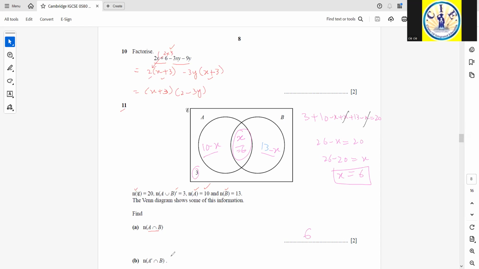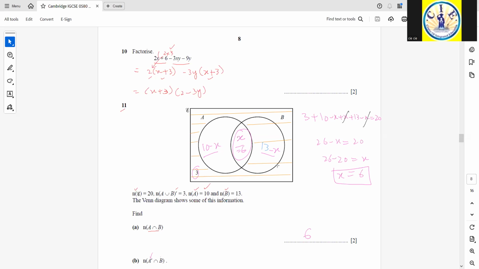So here we go. And then A complement intersection B. For this, we need to see A complement. A complement is this region other than A. This one.